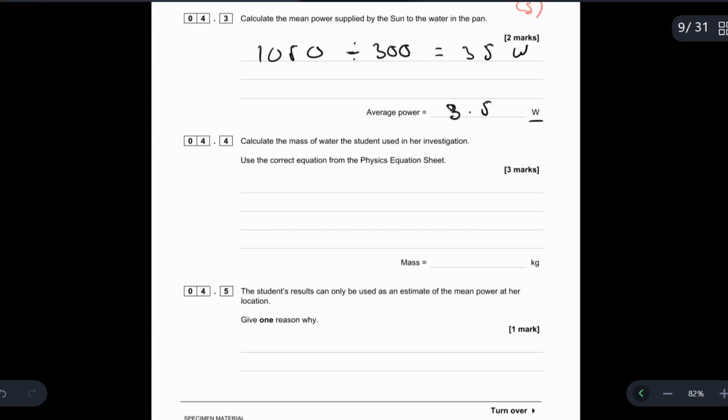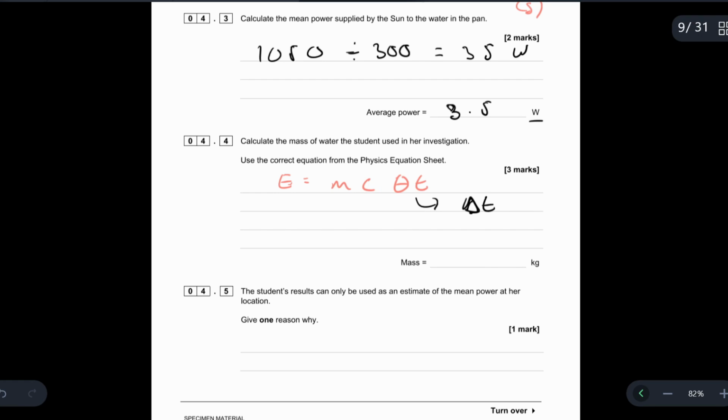Calculate the mass of water the student used in her investigation using the correct equation from the physics equation sheet. For this question, you need the equation from the data sheet. The equation should be that the energy is equal to m c theta t. It might vary depending on what equation sheet you're using, but theta t might be written as delta t or something similar.